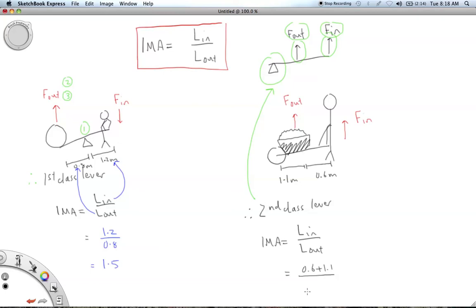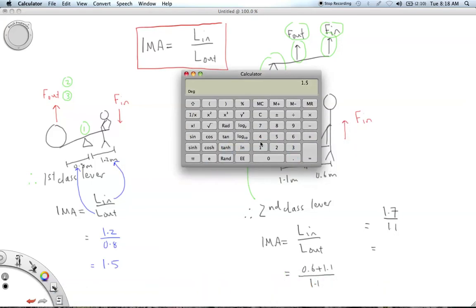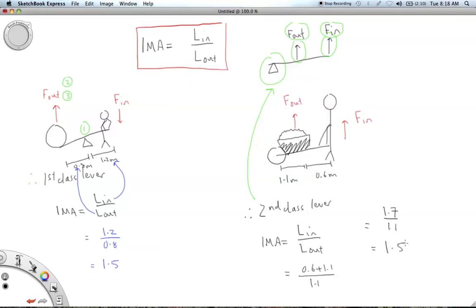So that's simply 1.1. So when I simplify this, I have 1.7 divided by 1.1. And again, taking out my calculator, I end up with, let's just round to 1.5, which will be my mechanical advantage. And there you have it, two examples of IMA using first, second, and third class levers.